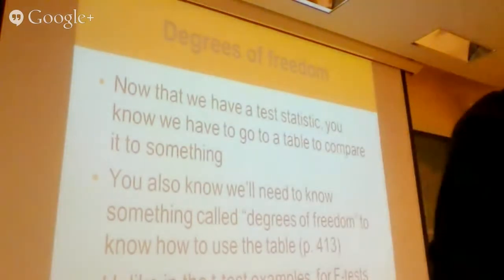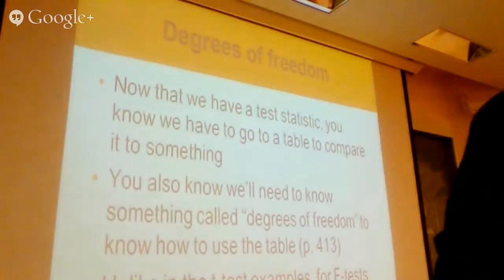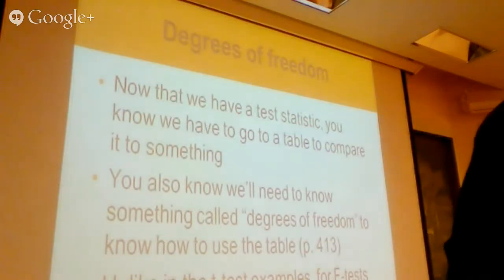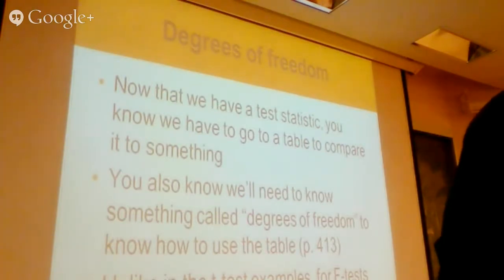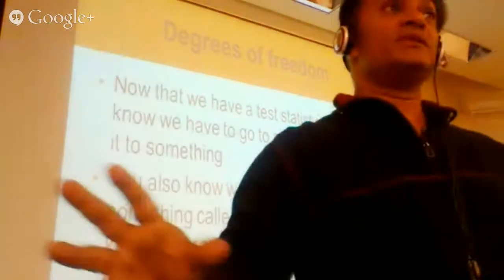In the t statistic, depending upon which scenario you're dealing with, we computed the degrees of freedom differently. For the 1 sample, the degrees of freedom was n minus 1. For the 2 sample, it depended on whether it was dependent or independent. For the dependent, I think it was the number of pairs of individuals minus 1. And for the independent, it was the total number of people minus 2.